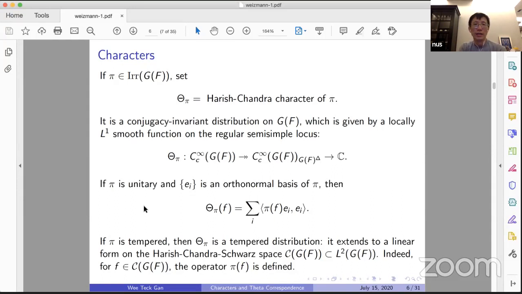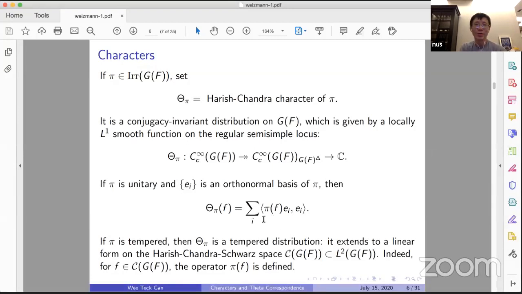And more concretely, if, for example, π is a unitary representation, you can define this distribution Θ_π by taking an orthonormal basis of π, and then taking the sum of the diagonal matrix entries in the matrix of π(f). I guess maybe I should have written down the definition of π(f), but I didn't.